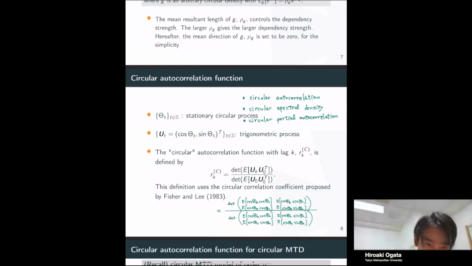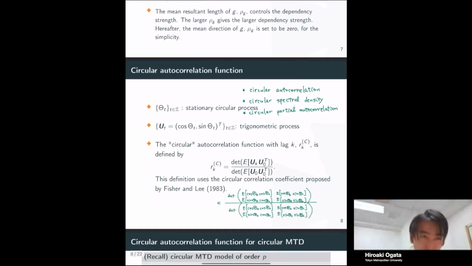And the circular autocorrelation function with lag k, denoted by R_k^C, is defined by this. So more precisely, this one. And this definition uses the circular correlation coefficient proposed by Fisher and Lee.